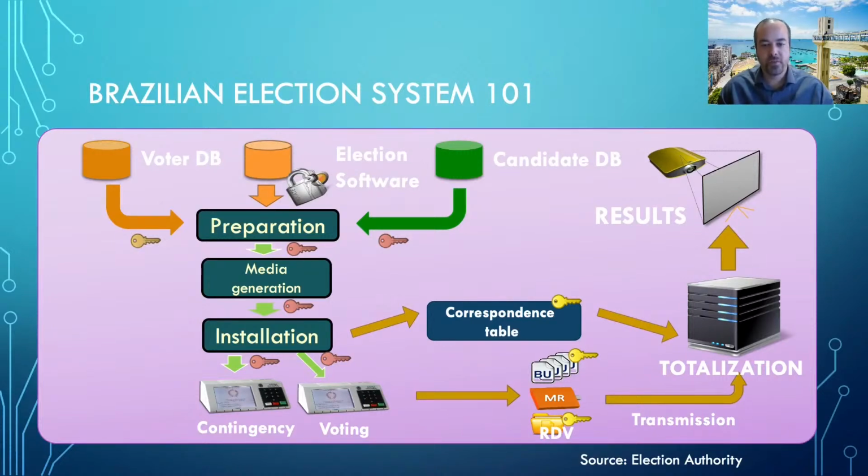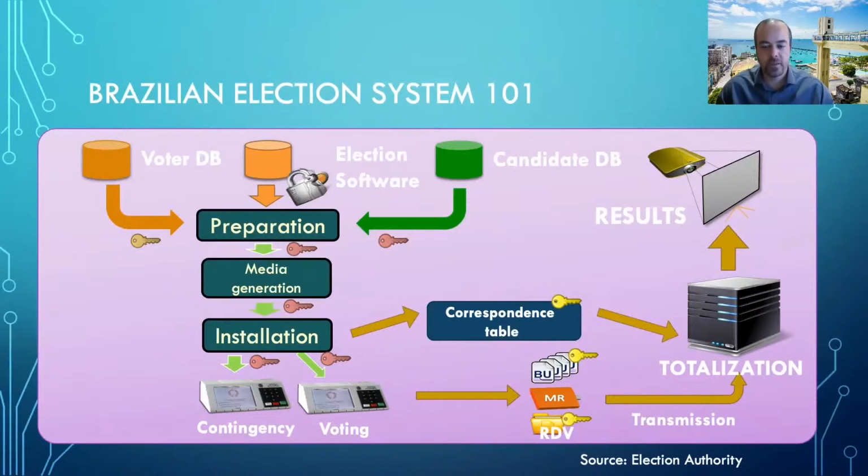There is a preparation phase before the election. This is a very important step because at this point, all software is compiled, signed, and its hashes are taken in a public ceremony, and they produce some installation media that has all the election software and the information about voters and candidates.